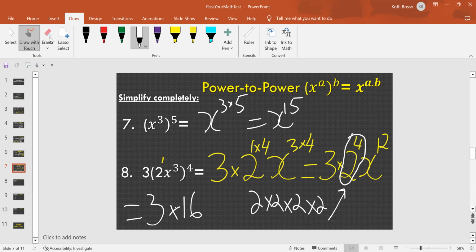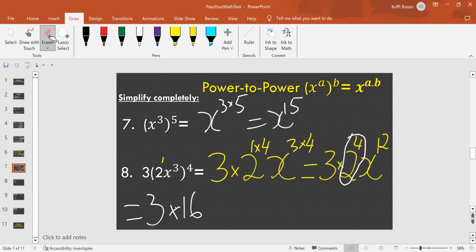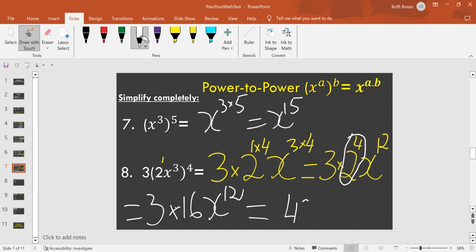Okay. Let's remove this x to the power 12. Okay, now what is 3 multiplied by 16? This is 48. So the final answer is 48x raised to 12 power.